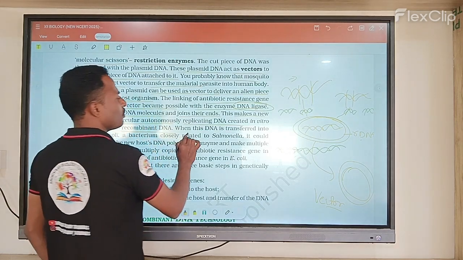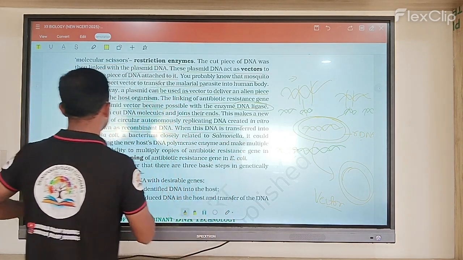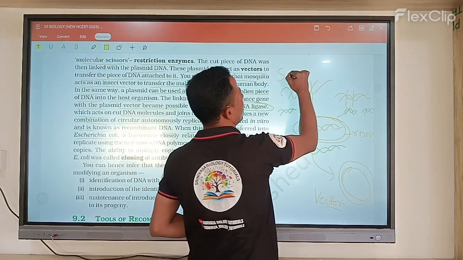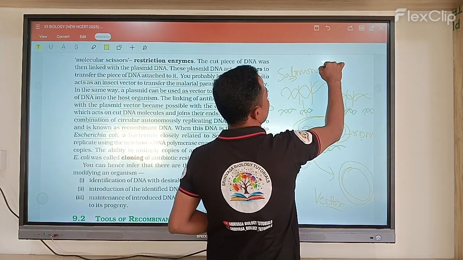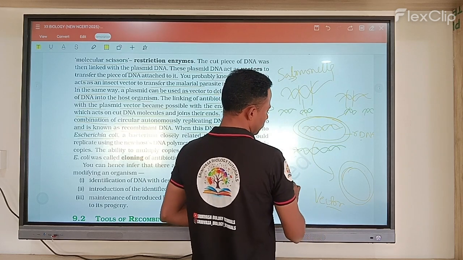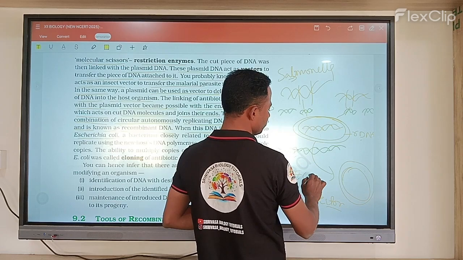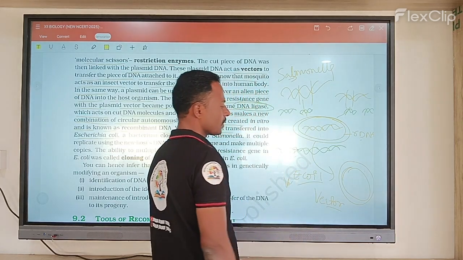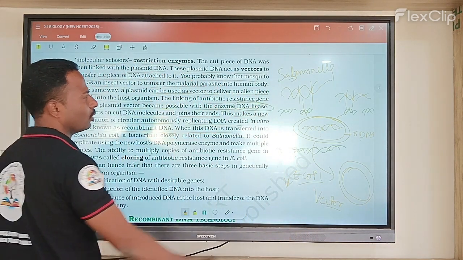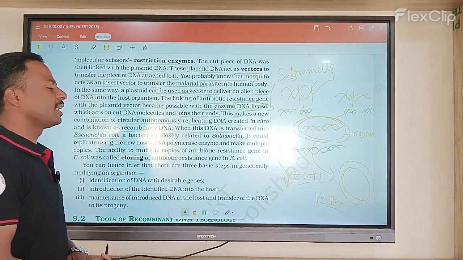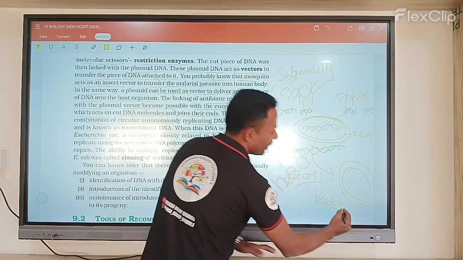Let us see, when this DNA is transferred into Escherichia coli, it is Salmonella DNA. Here another vector, E. coli, is present. So the Salmonella DNA is transferred into E. coli, the RDNA.